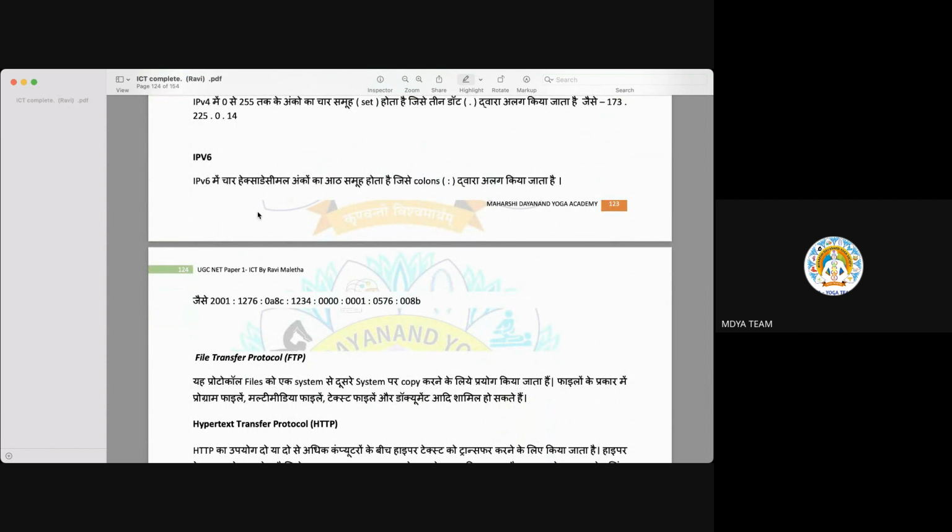IPv6 has groups of eight, each with four hexadecimal numbers: 1, 2, 3, 4, 5, 6, 7, 8. The number of computers added into the network has increased by many folds.